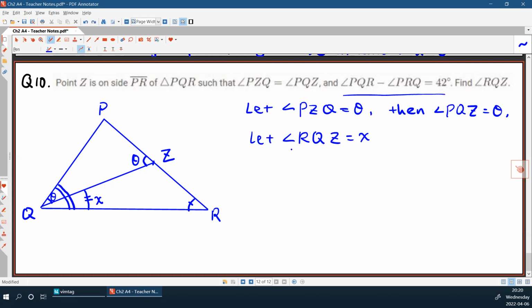You can just leave angle RQZ. That doesn't matter, okay? So let RQZ equal X.